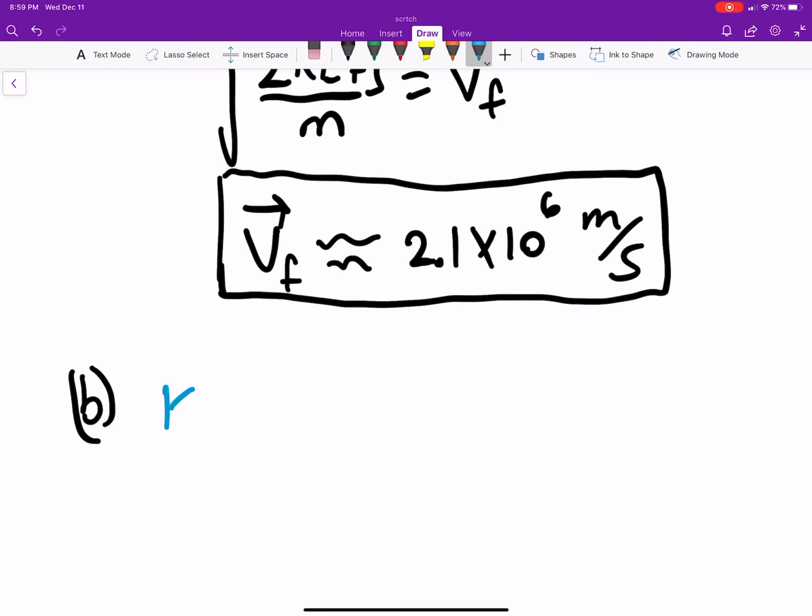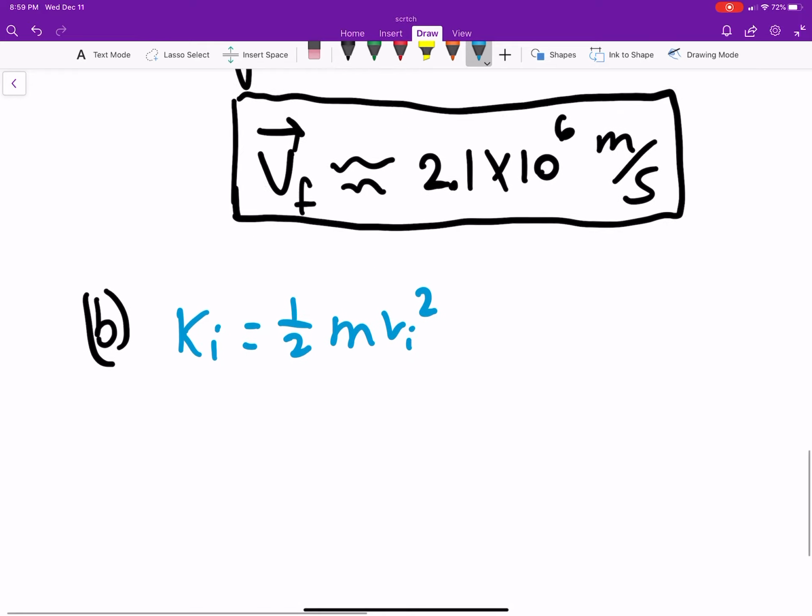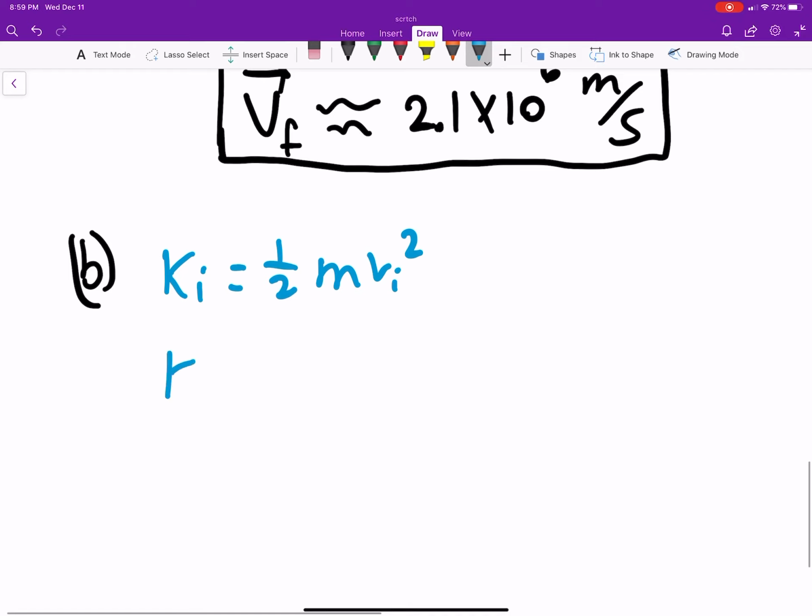We would say our kinetic energy initial is 1/2 m v initial squared. And if you work that through, you're going to get the same answer, about 14.1 times 10 to the negative 19 joules, if you put in the mass of the electron and the speed that it's traveling squared.